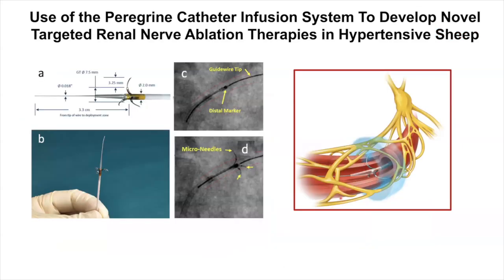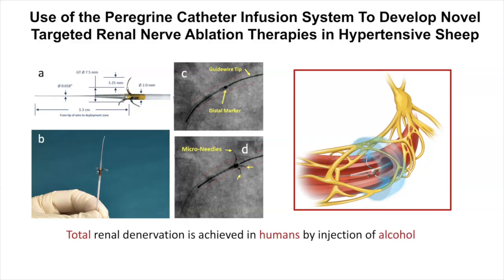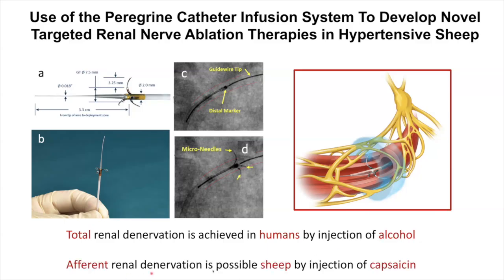So the idea was, let's do the sheep model, and then let's take this catheter that's been developed by Ablative Solutions that can inject fluid into the wall of the renal artery and try capsaicin and see if we can do an afferent mediated denervation. So again, in humans, what's done is they inject alcohol, which is neurolytic, kills both afferent and efferent. But we thought, let's inject our capsaicin and do just a sensory denervation in the sheep model and see if that would work.